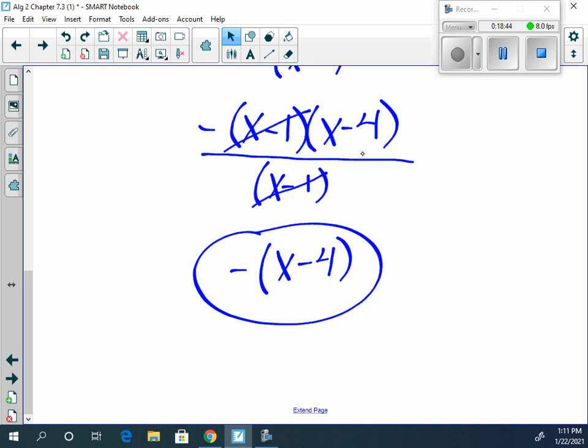Most likely we're going to pull a negative out because if I can keep that x positive, I want to do that, because it's easier to work with a positive variable when it's the biggest power than it is to have 1 minus x. If I can avoid that kind of set of parentheses, I'm going to try to. And if they're going to throw that in, they're going to throw it in because they want you to factor out the negative.